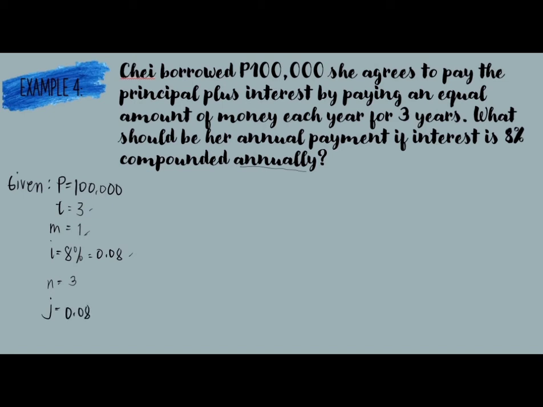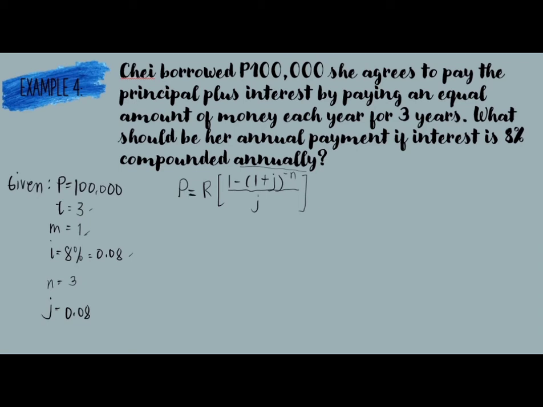Okay? Okay, so now, since ang given is yung present value, so ano ba yung formula for the present value? So, R times 1 minus 1 plus J raised to negative N over J. Okay, so since ang nawawala is yung R, kailangan yung R or yung regular payment nasa isang side lang.